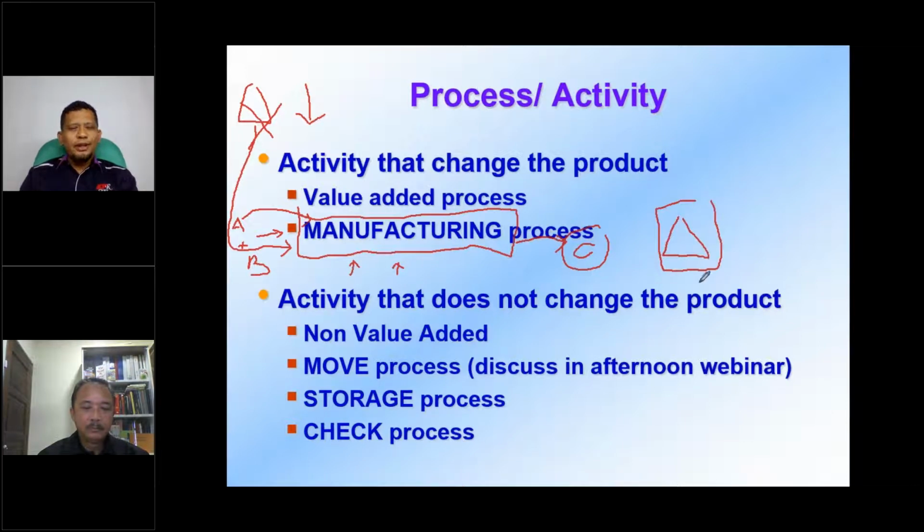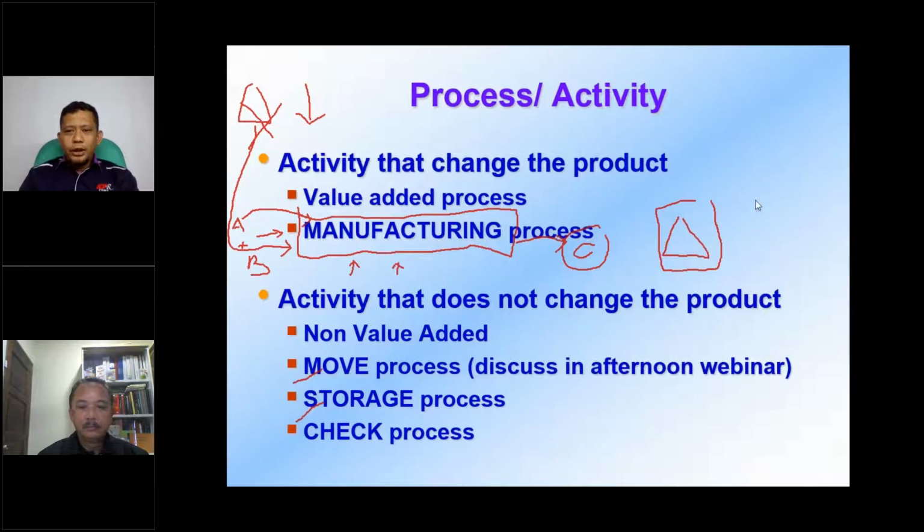You keep the stock. That is also considered a non-value-added activity. So in this example, I showed you 2 examples of non-value-added activity: one is move, one is storage. Of course, there are more. Later we're going to talk about 7 kinds of waste, which will also improve your chemical plant activities.